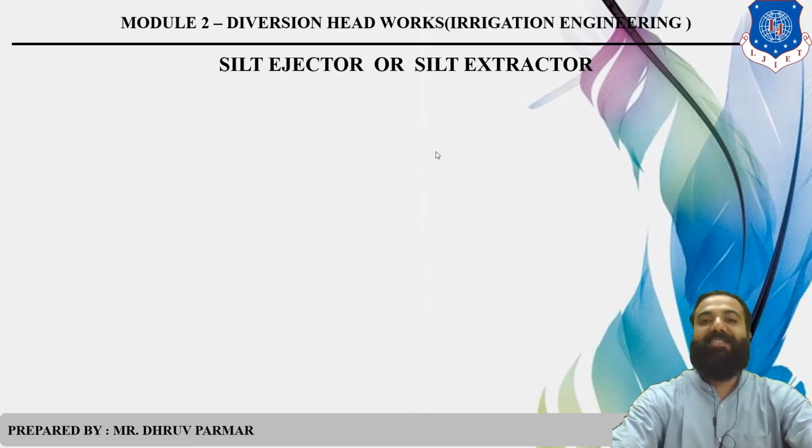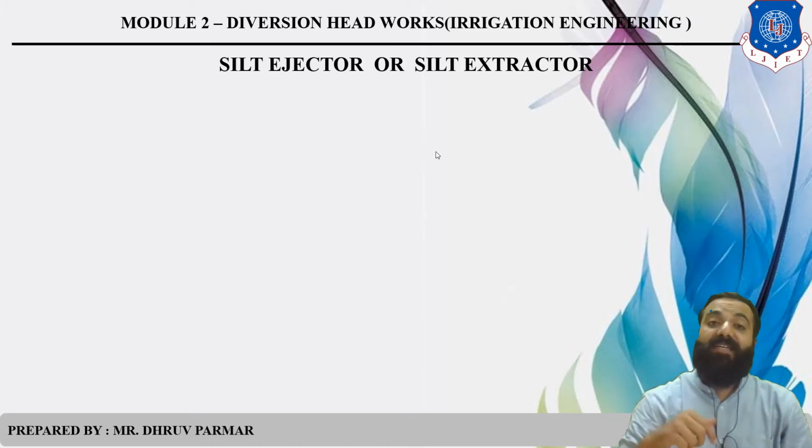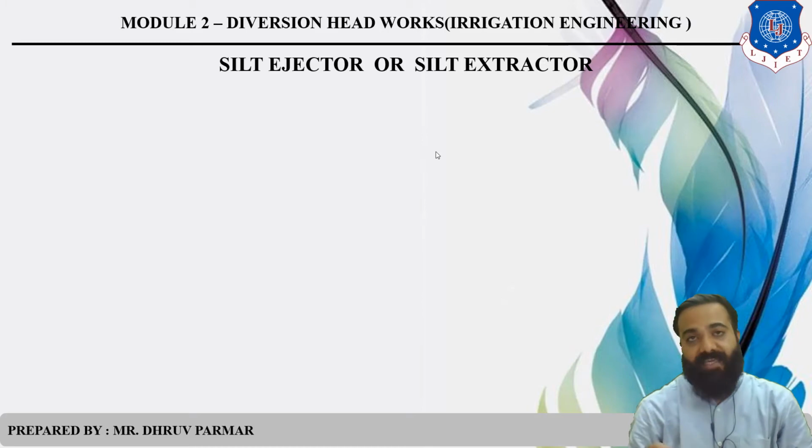The next one, silt ejector, or we can say silt extractor. This is the basic difference between silt excluder and silt ejector. The main difference is that silt ejector is provided on the downstream side of the off-taking canal, otherwise downstream of the CHR.